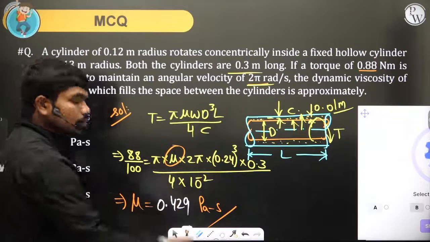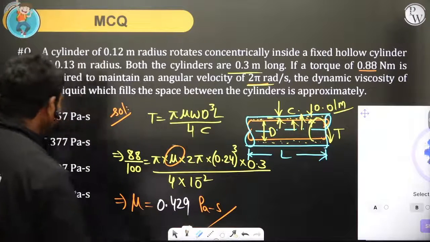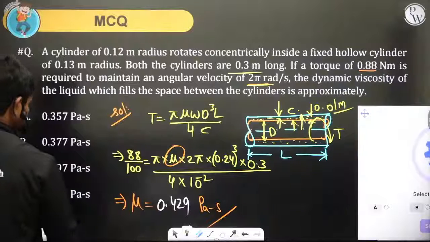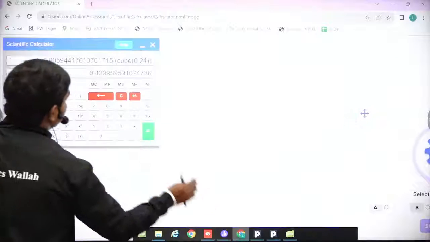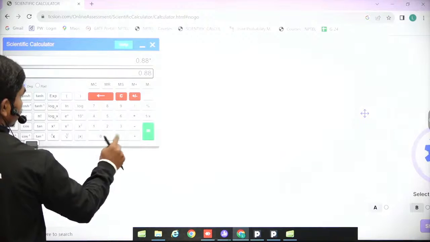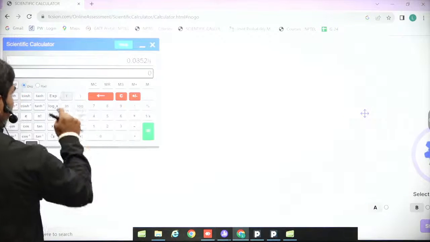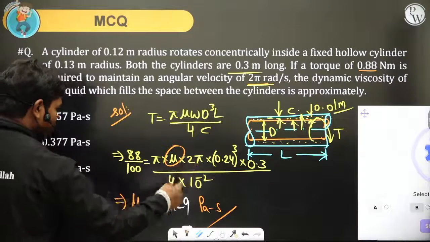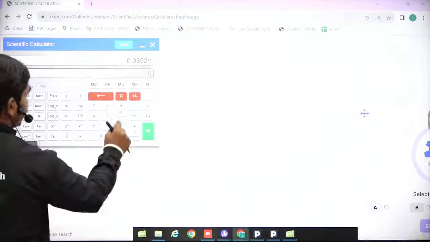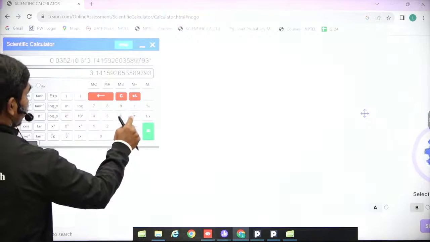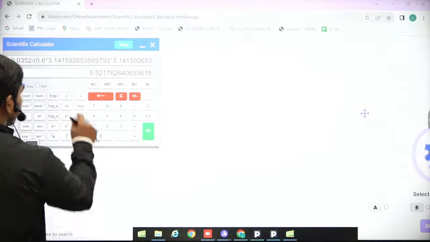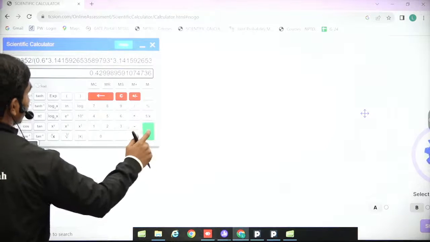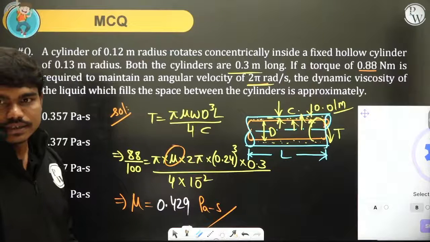Let us check this calculation: 0.88 into 0.04, divided by 0.6 into pi square into 0.24 whole cube. So this value is coming out to 0.429, right?